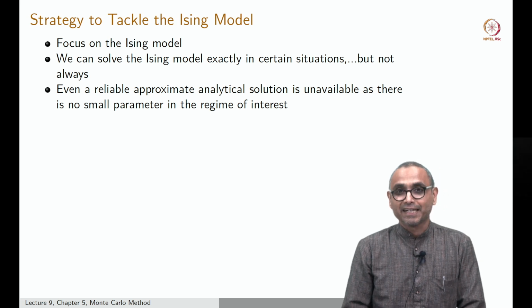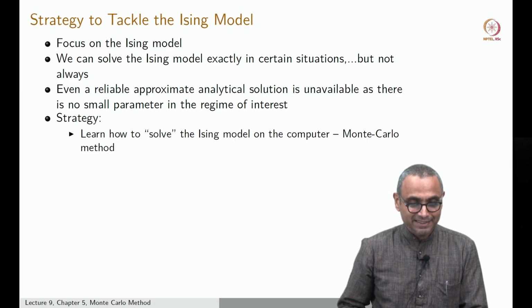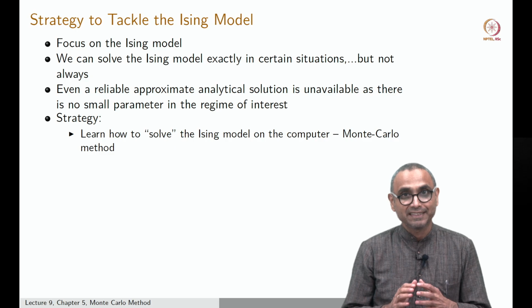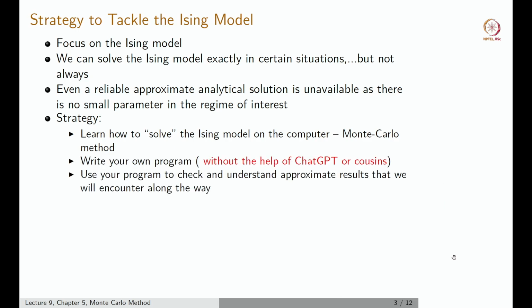So reliable analytical solutions are not available, and the strategy is, we'll learn how to solve the Ising model on the computer using the Monte Carlo method, and we write our own program, use the program to check and understand the approximate results that we'll be deriving later. And most importantly, you can use this program to ask and answer your own questions.